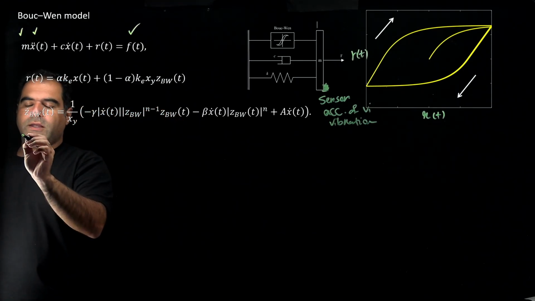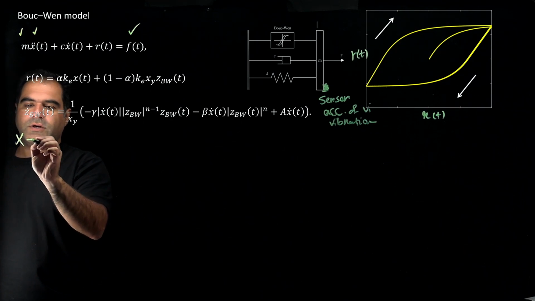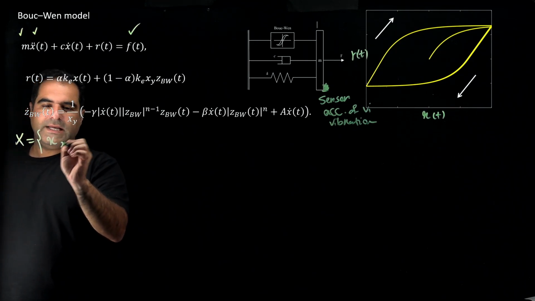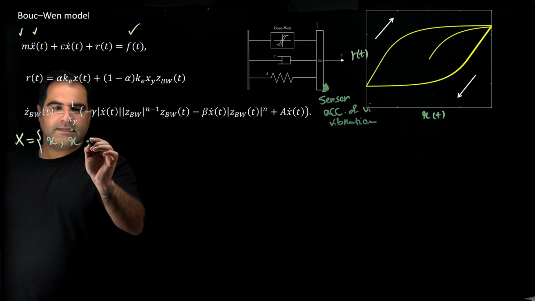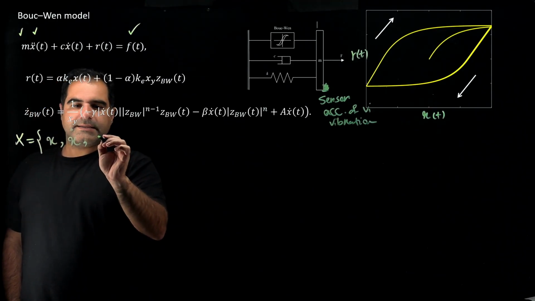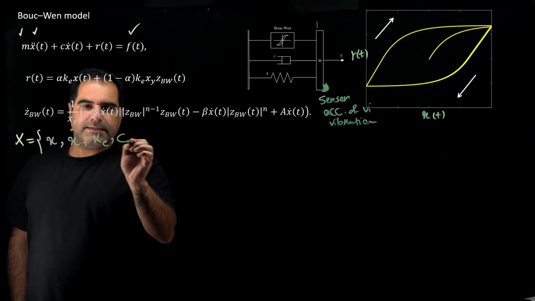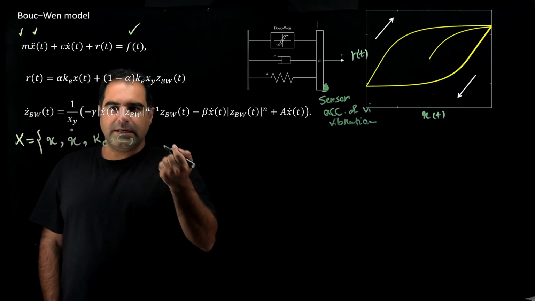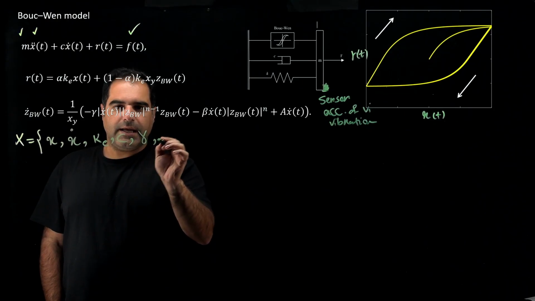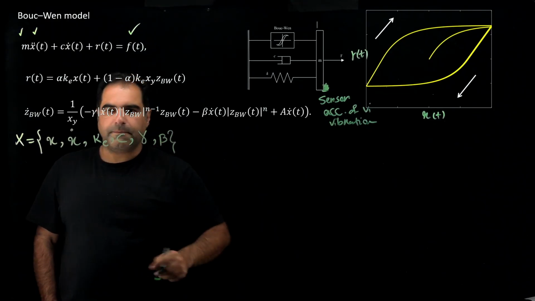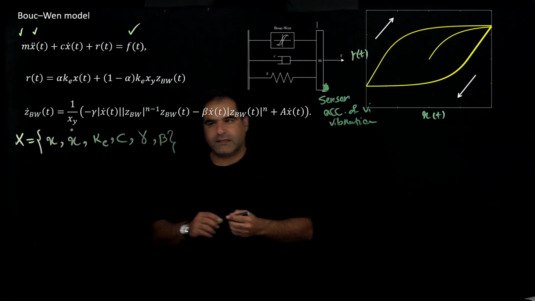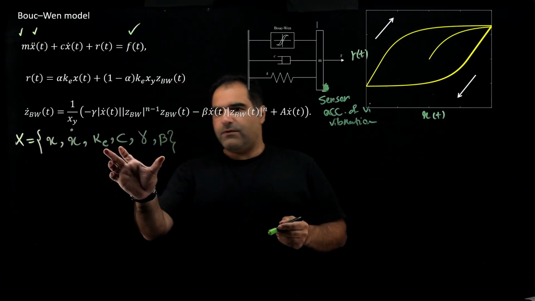Then if I write my state vector, it will be my displacement, my velocity, and Ke, which here we defined with Ke, C. Also, let's assume we don't know gamma and beta. These are the states and parameters we are looking for.